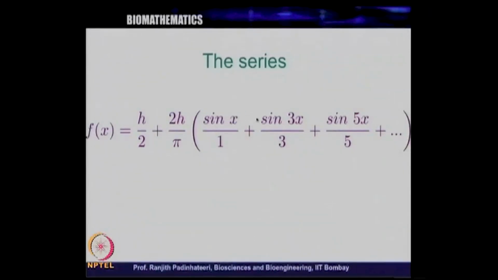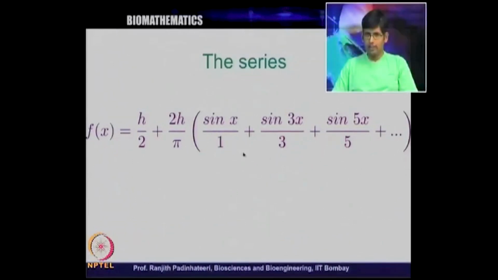So this is a, which is 0, and this is b, as we rightly saw. b n was basically 2h by n pi. So 2 by pi is taken out, and 1 over n is here, for 1, 3, 5, and we found that this is only true for odd values. So we only have odd values here.